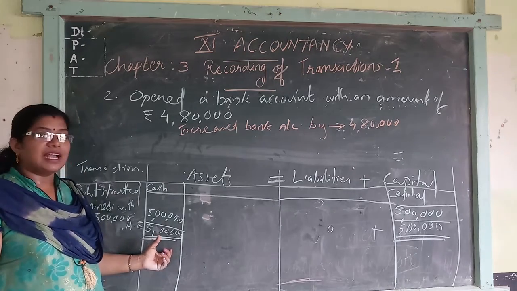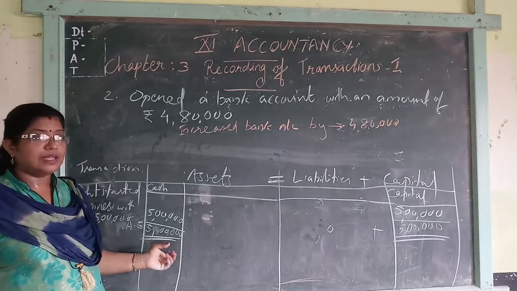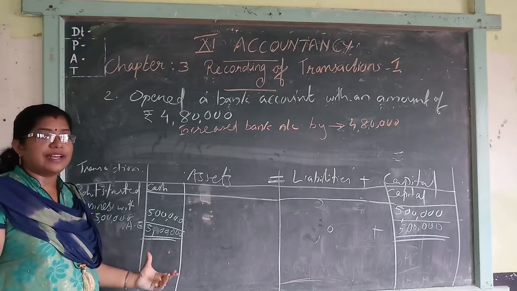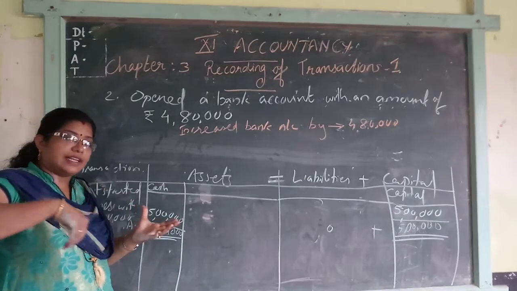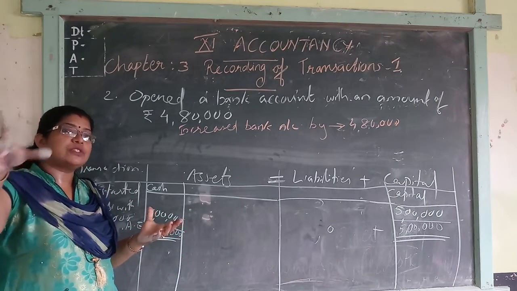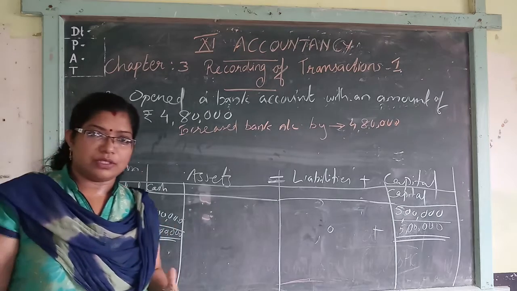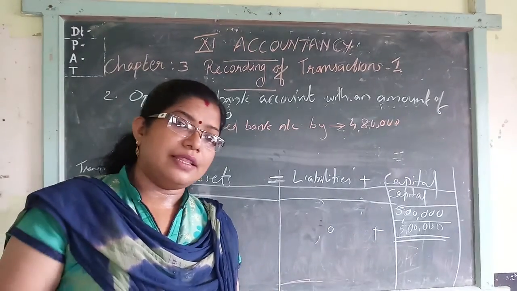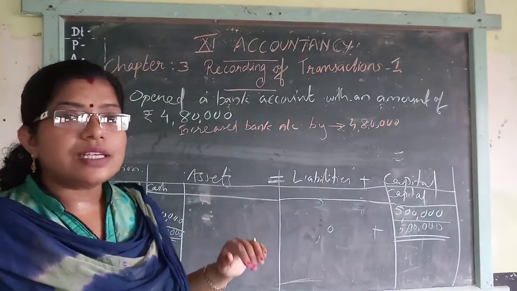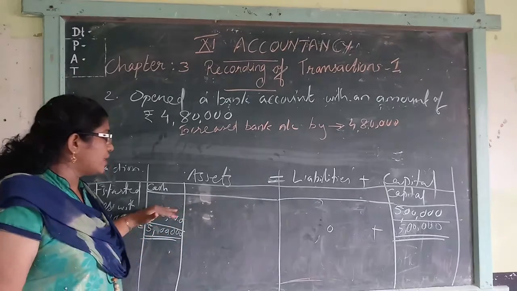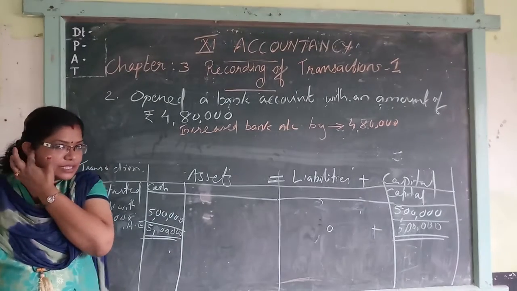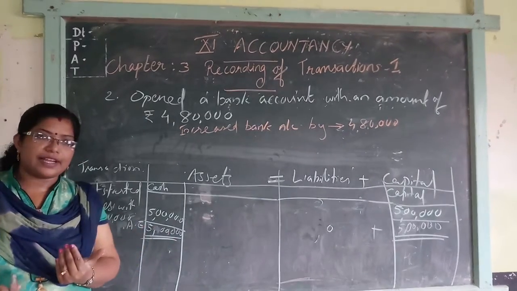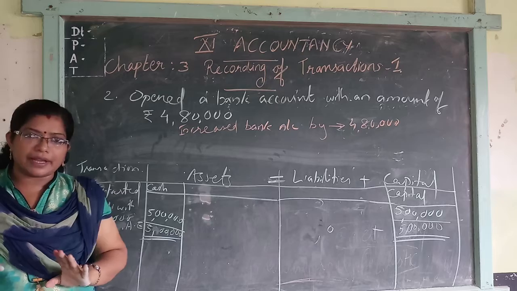Out of this 5 lakh, you took 4,80,000 and deposited it in the bank account, isn't it? So one asset is increased, another asset is decreased. Which asset is decreased here? Cash in hand is decreased. Understood?